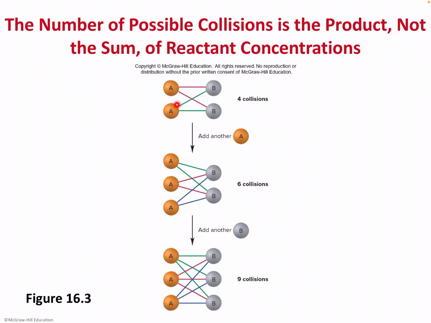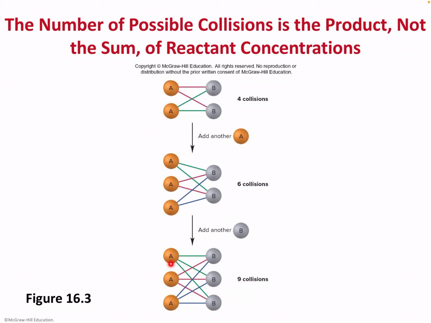So here we have two A's and two B's. The way that they can collide is there are four ways: this A and this B, this A and this B, and like that. And you add another A. So there are 5 particles but a total of 6 collisions. And with 6 particles there are 9 collisions.